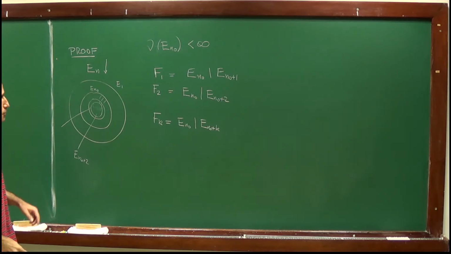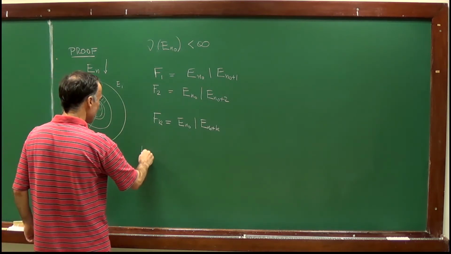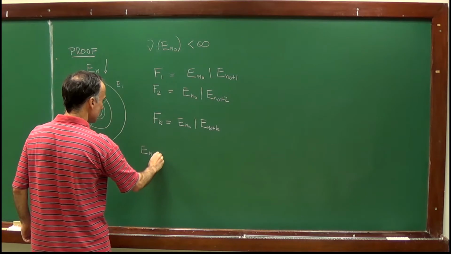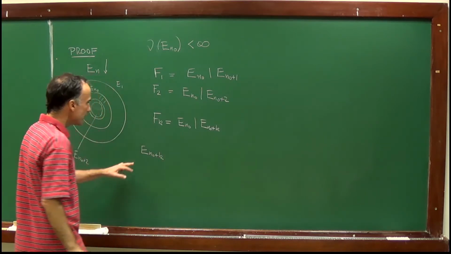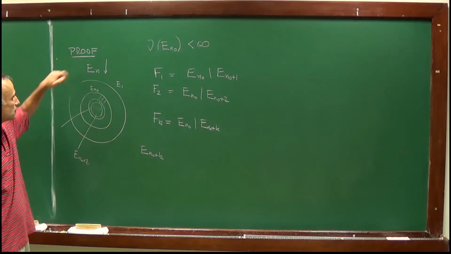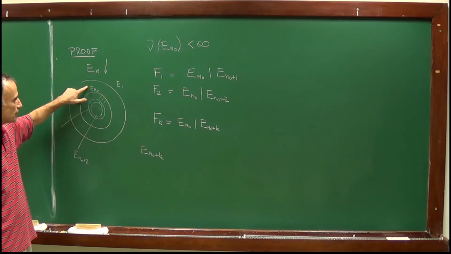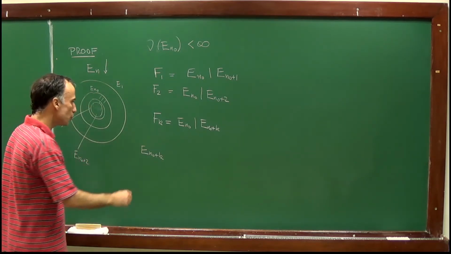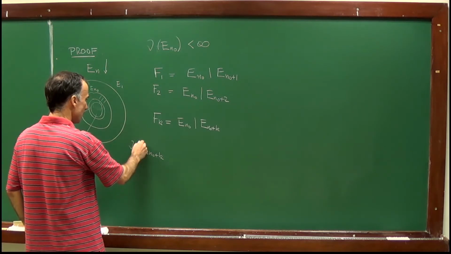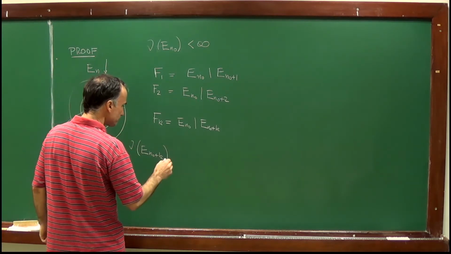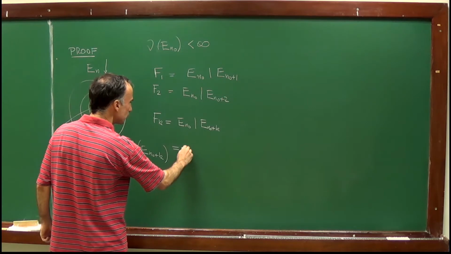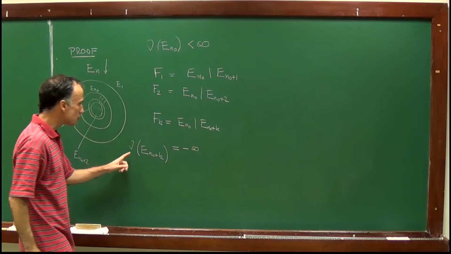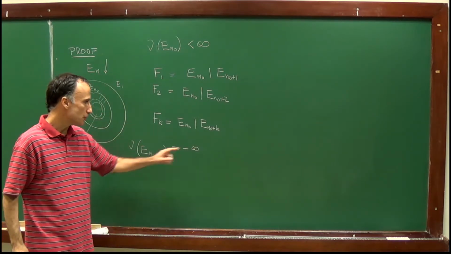Well, observe the following. Because this sequence is decreasing, En0 plus k is contained in En0. So we know that nu of En0 plus k cannot be equal to minus infinity, because nu does not take the value minus infinity.